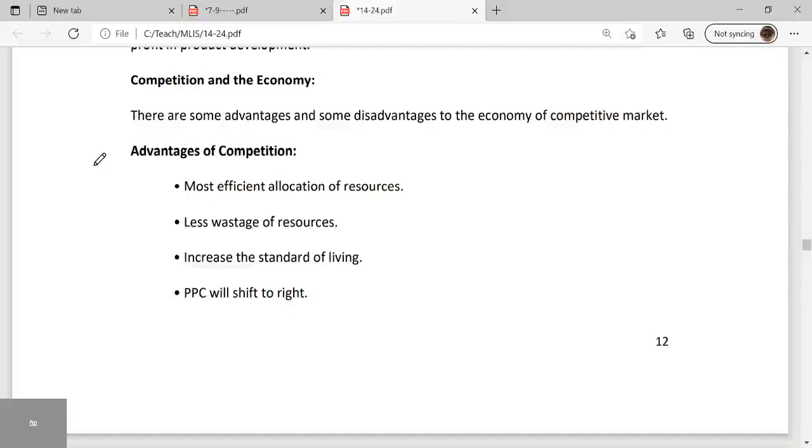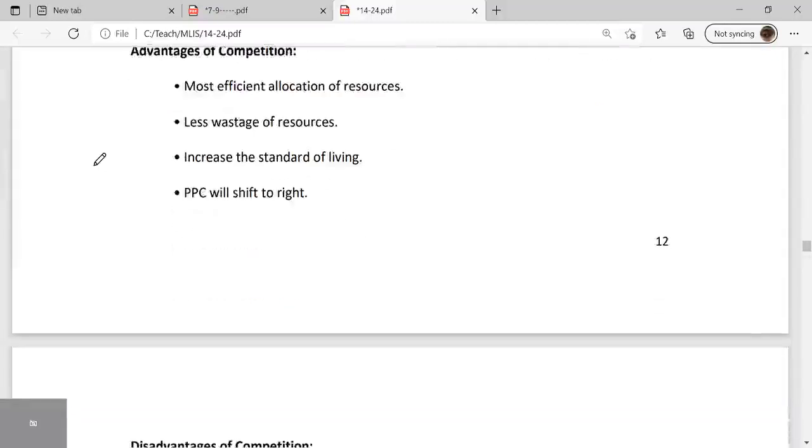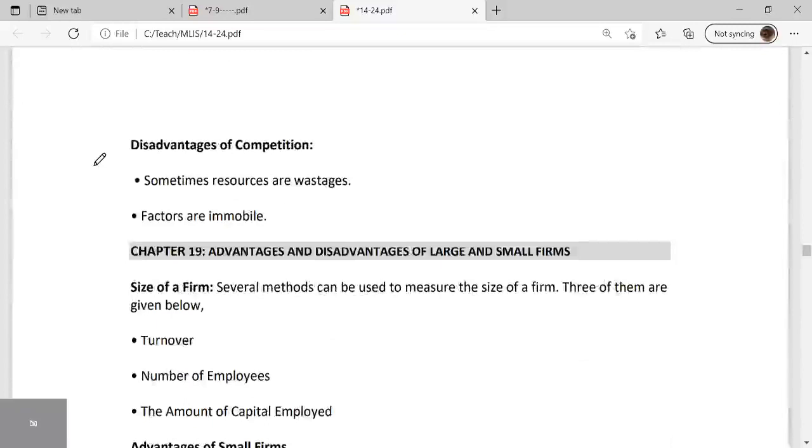Then the PPC will shift to the right, because of this efficient use of resources, there will be an outward shift of the PPC curve. Then again, we have disadvantages, like sometimes resources are wasted, and factors are immobile. So that's a problem.